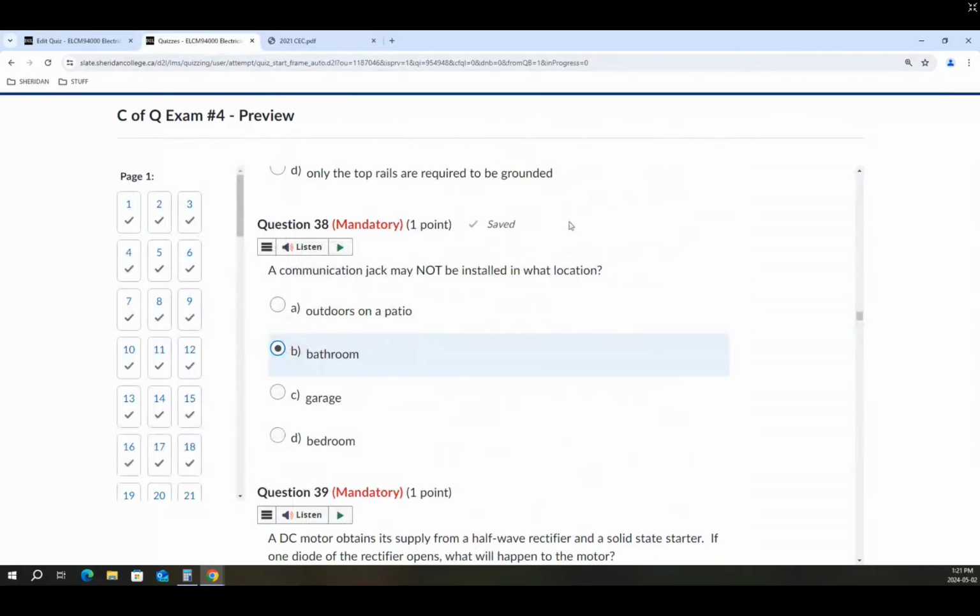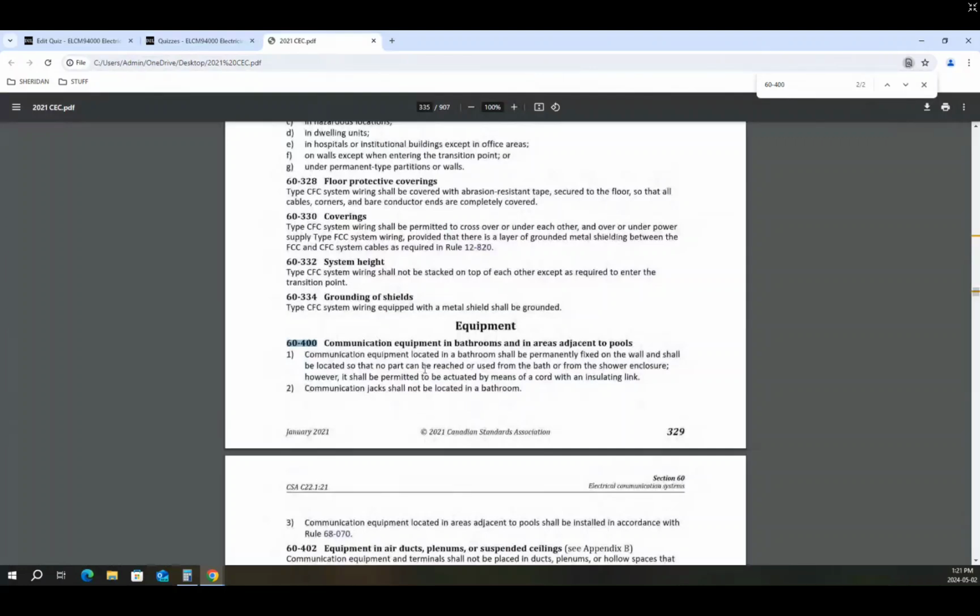So we're in Section 60, communication, and it's a communication jack. Communication equipment in bathrooms and areas adjacent to pools shall be permanently fixed to the wall. So no part can be reached from the bath or the shower. However, it shall be permitted to be activated there.